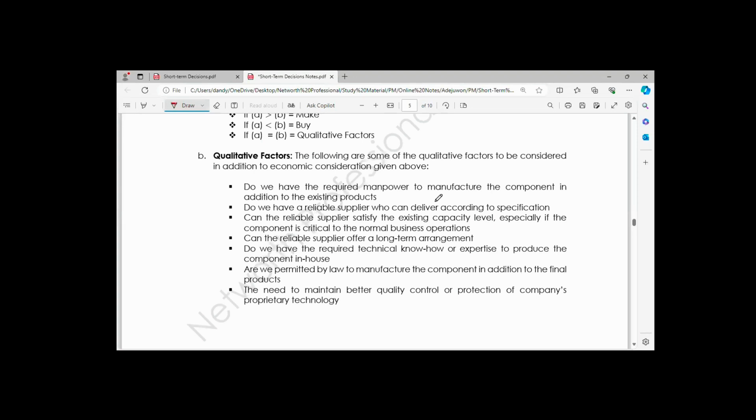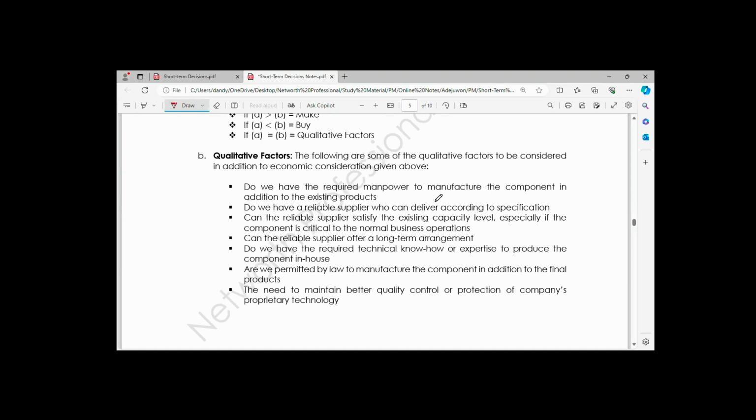Not only that, you also need to ask, can the reliable supplier satisfy the existing capacity level? Now, if you need 100,000 kg of that component, you should be able to get the 100,000 as requested.